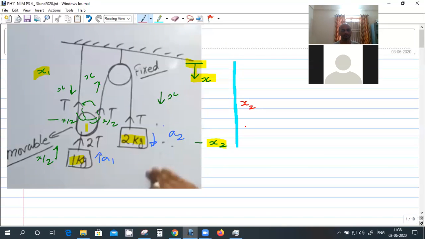Similarly, this green length: the coordinate of this point is x1, for the 1 kg. So this length is x1.